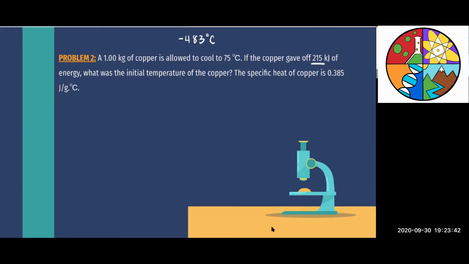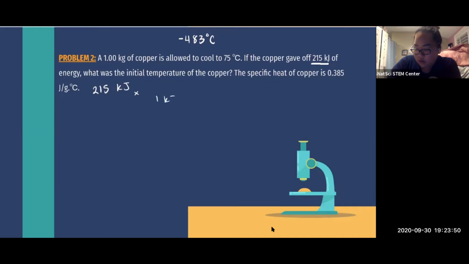So we can convert it into joules. So it is 215,000 joules. So 1 kilojoule is 1,000 joules, so then you get 215.